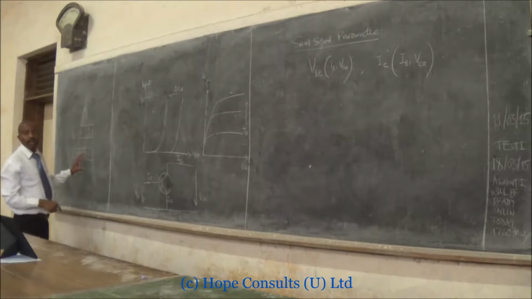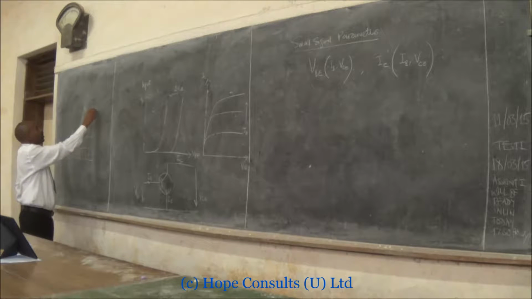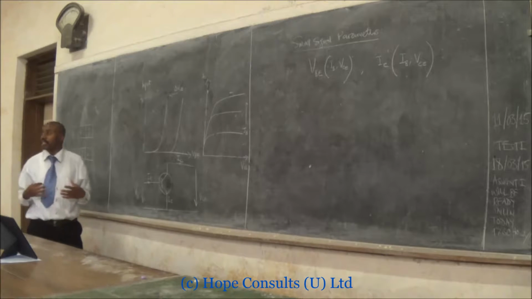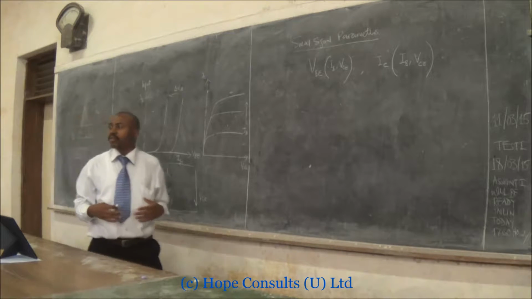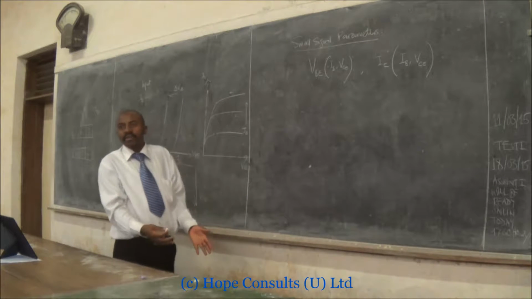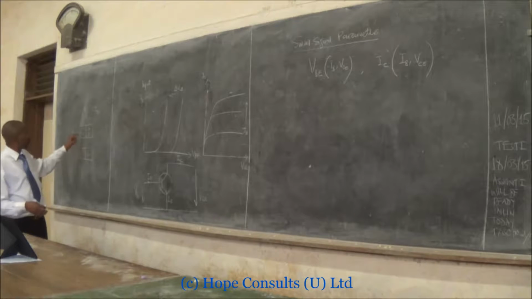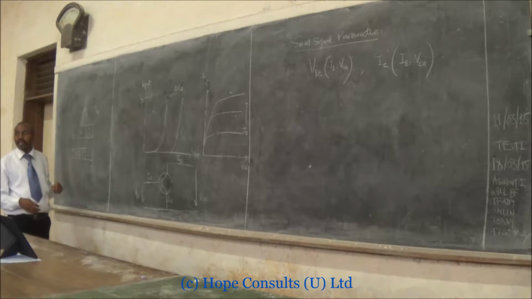When you bias the base, when you give it a current, IB, is the one which activates our transistor, either to avoid current flowing through it or allow the current flowing through it. If you look at it closely, it's all about this middle part that makes your transistor active.